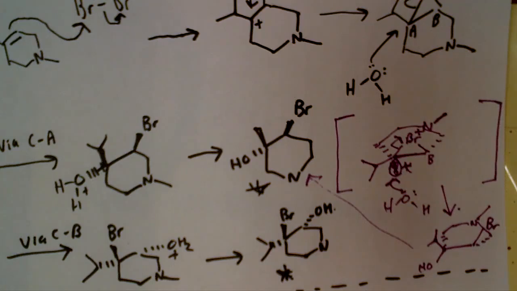So let's look at problem 3. Again, the second part is the reaction of this cycloheptene system again with bromine and water. So what have we got at this point?